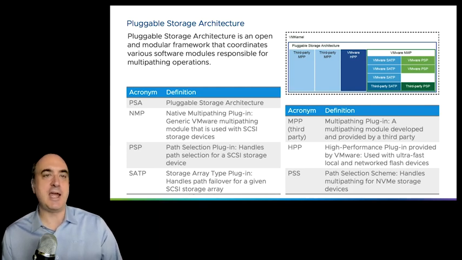You may need to add an additional one for some third-party storage, which may need an alternative storage array type plugin installed. It will probably also need its own custom path selection plugin, a PSP. The path selection plugins are basically the ways in which we handle the multipathing on the core storage array type plugins.